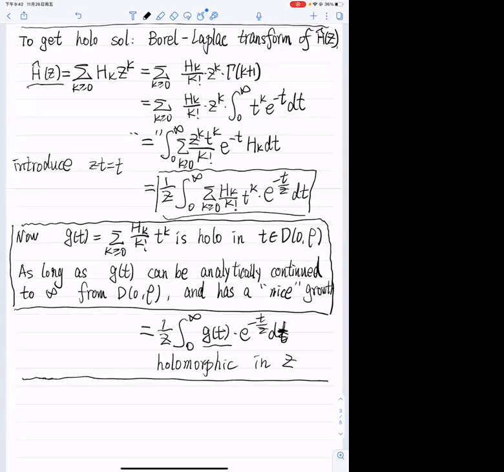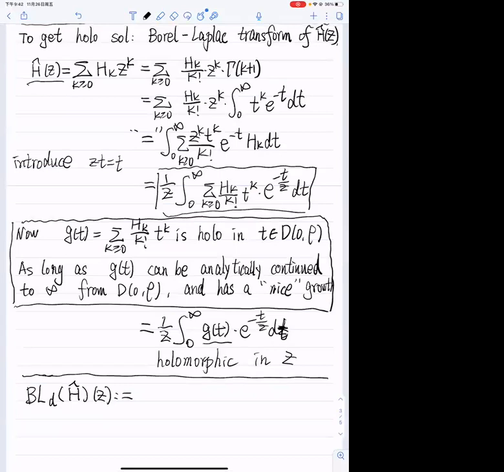from this remark, it motivates us to define the Borel-Laplace sum or Borel-Laplace transformation along a direction D. So a Borel-Laplace transform of a formal power series along a direction D. Here D is a direction starting from 0 to infinity. If I draw a graph, this is a direction from 0 pointing to infinity.